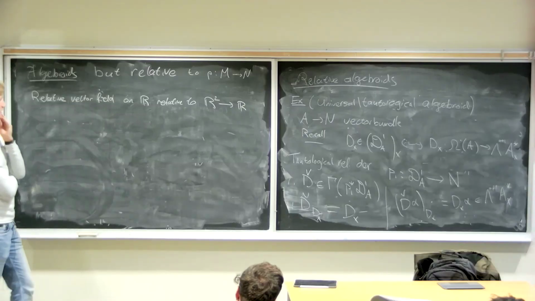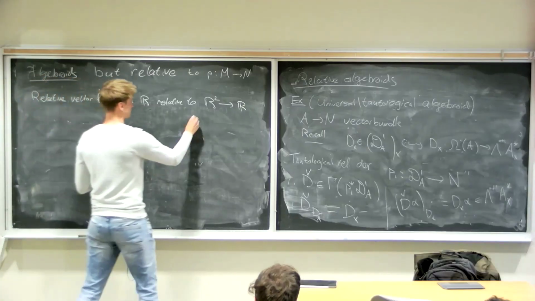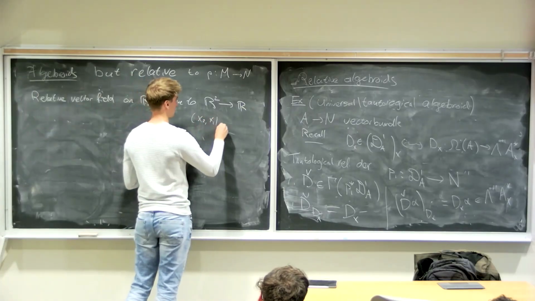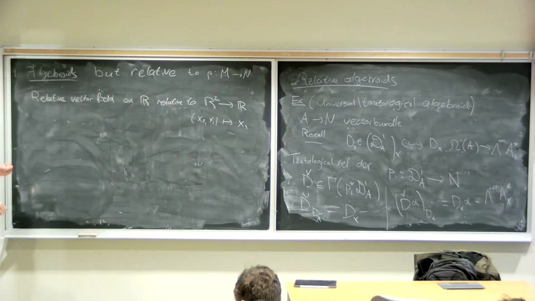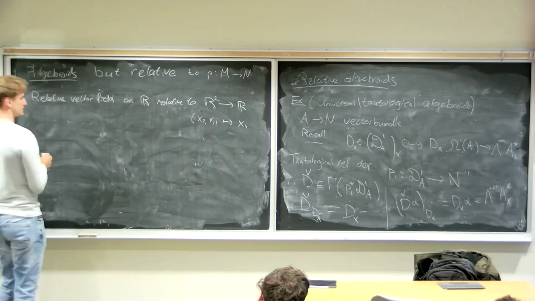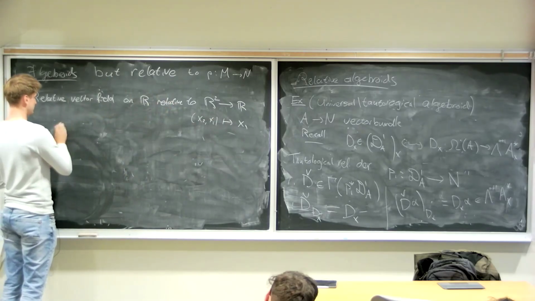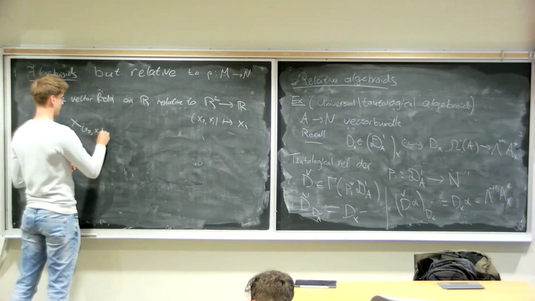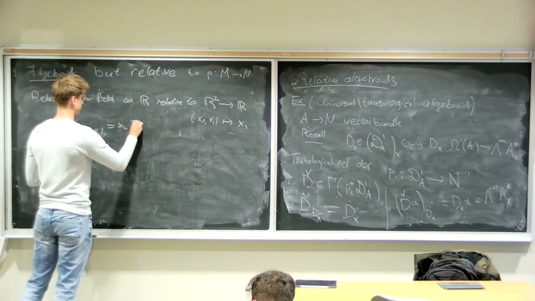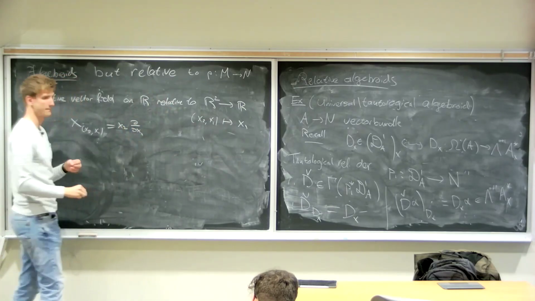Relative vector field. Okay. So I'm going to use coordinates x2, x1, and this projects onto x1. And the vector field X at the point (x1, x2) equals x2 times d/dx1.